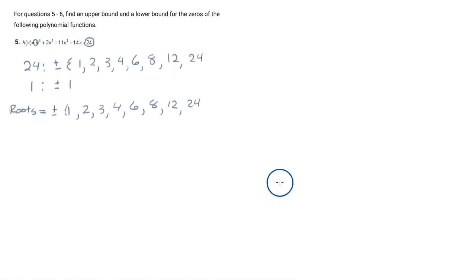So to figure out our upper and lower bounds, remember we need to use synthetic division. So let's just pick an easy number like 1, and let's see what happens when we do synthetic division into our polynomial. So our coefficients are 1, 2, negative 11, negative 24, negative 14, and 24.